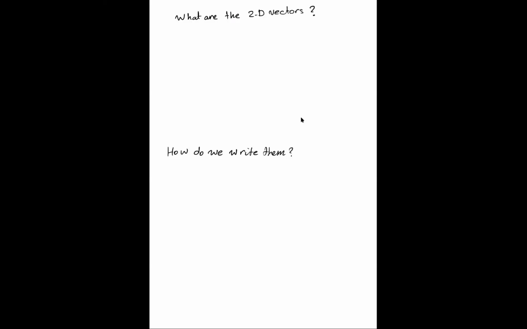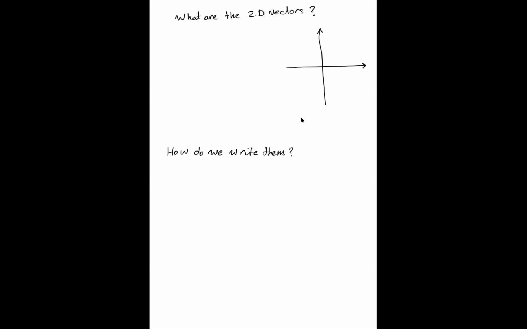Okay, so what are 2D vectors? Sometimes moving objects don't move in one dimension. They move in 2 dimensions and 3 dimensions, and we need some notation to keep track of that motion. And this notation is something that we call a vector.